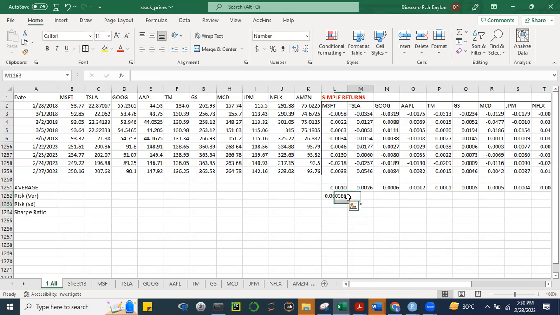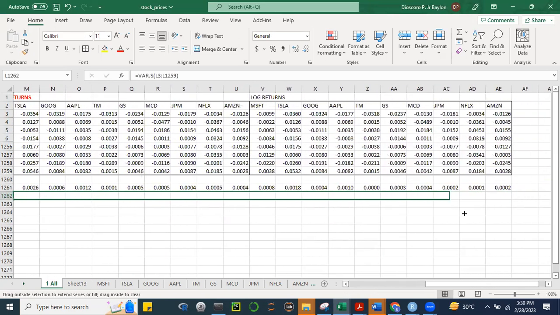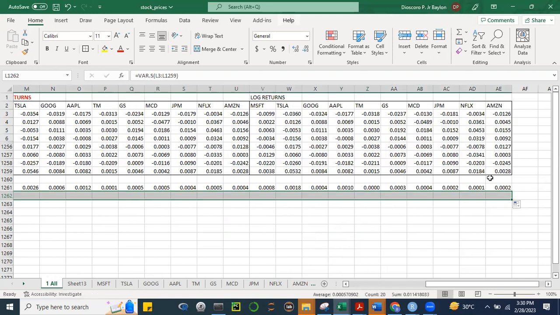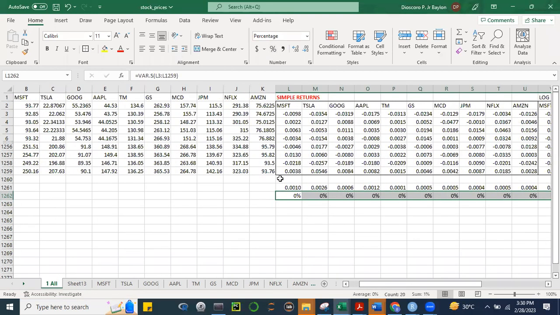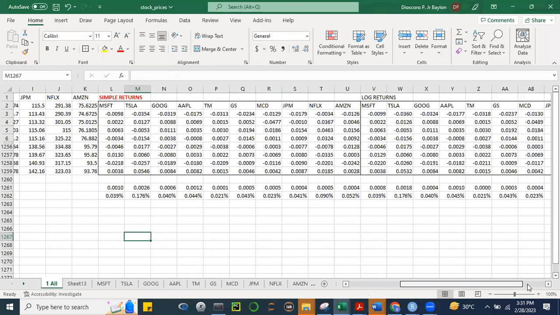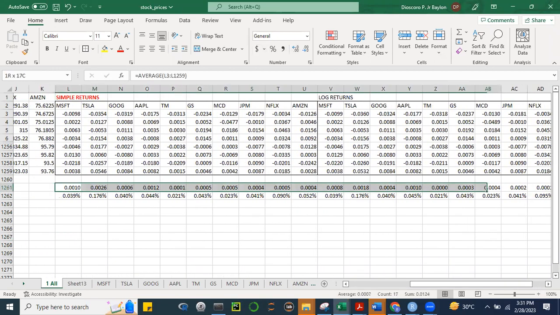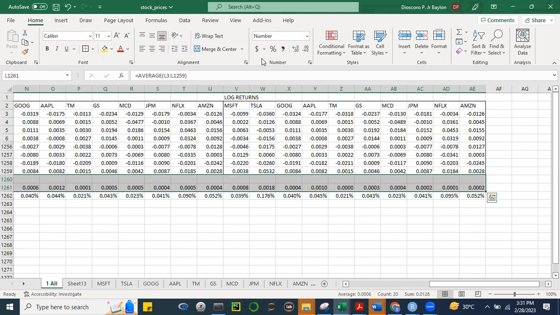Right, maybe mamaya na lang gawin natin percent para hanggang dito sa dulo na, no? We can make that as percent para medyo mas konti in decimal places. Right? And even the returns. Let's make it into a percent.